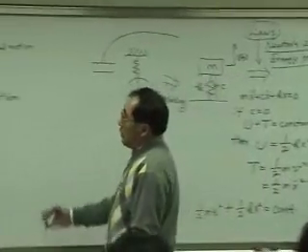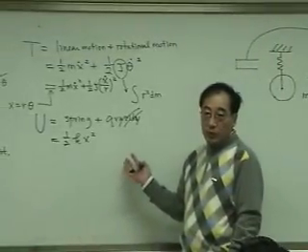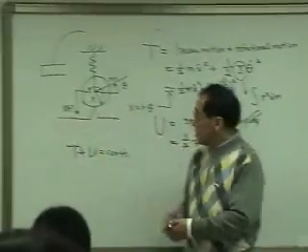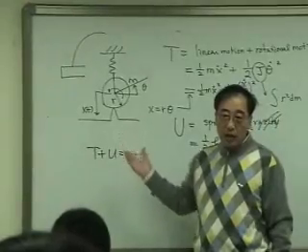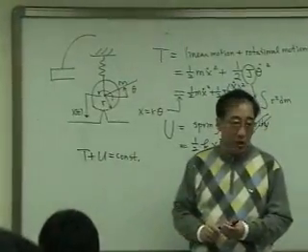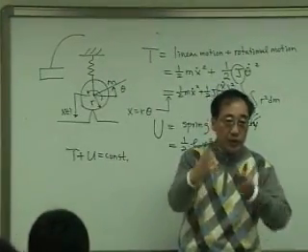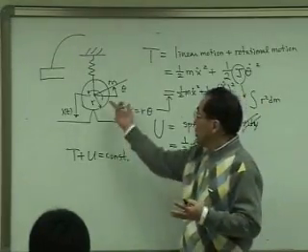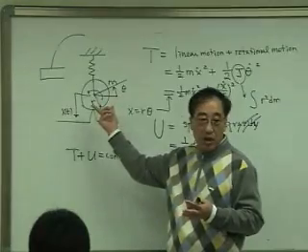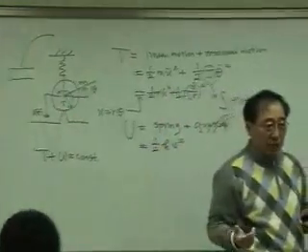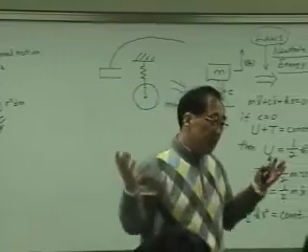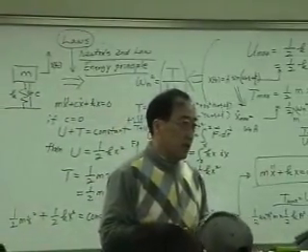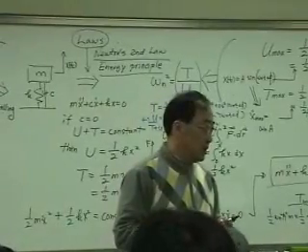The reason why we use this example is because this system is much more complicated than the spring mass system we have learned before, because there are two coordinates involved. But by using the energy principle, we can easily handle the vibratory system that has two coordinates.